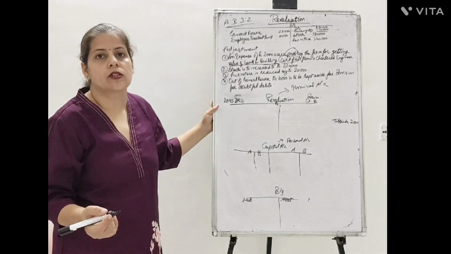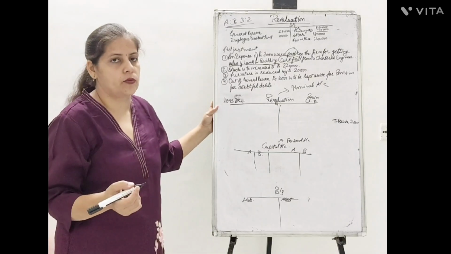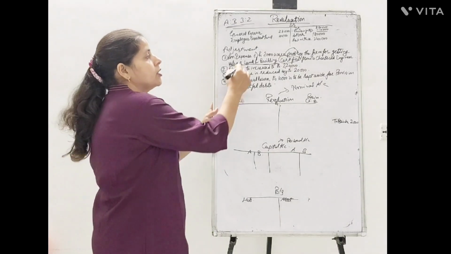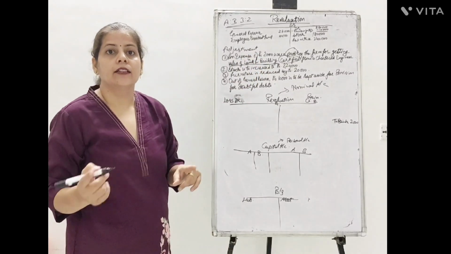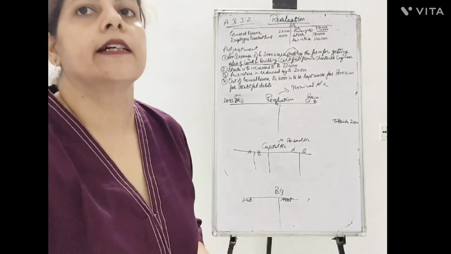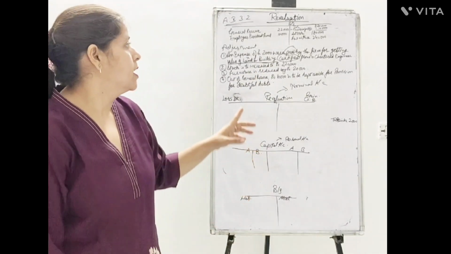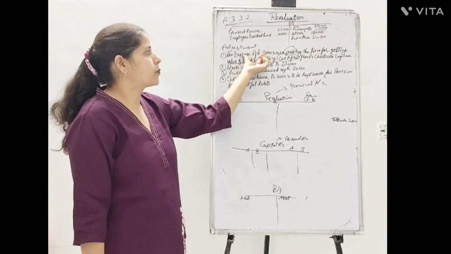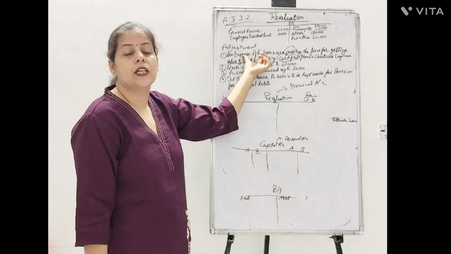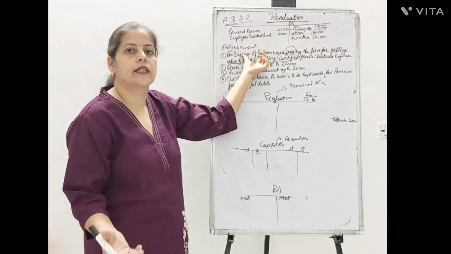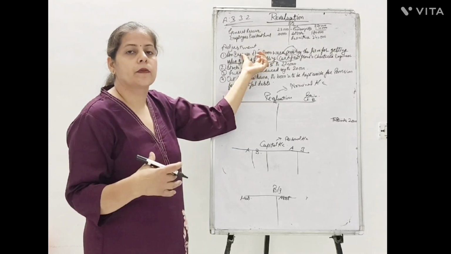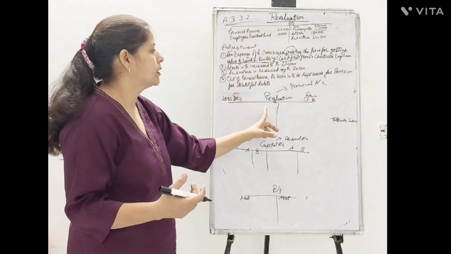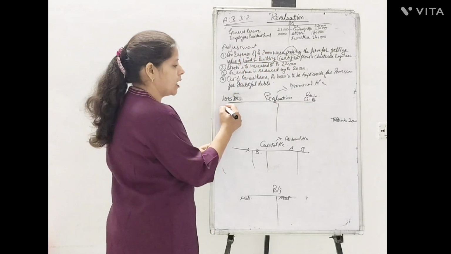Money is going, so which account is to be credited? Bank account is to be credited. Now which account is to be debited here? Not land and building. Why not land and building? Because here an expense of rupees 2000 is incurred. So in the case of admission, retirement, change in profit sharing ratio, or death, when you have to prepare the revaluation account, expenses would be debited to the revaluation account.